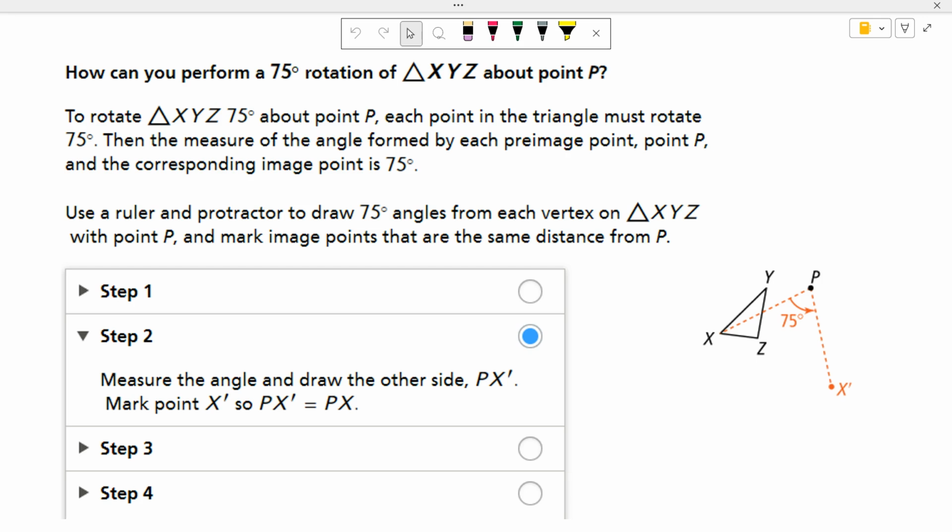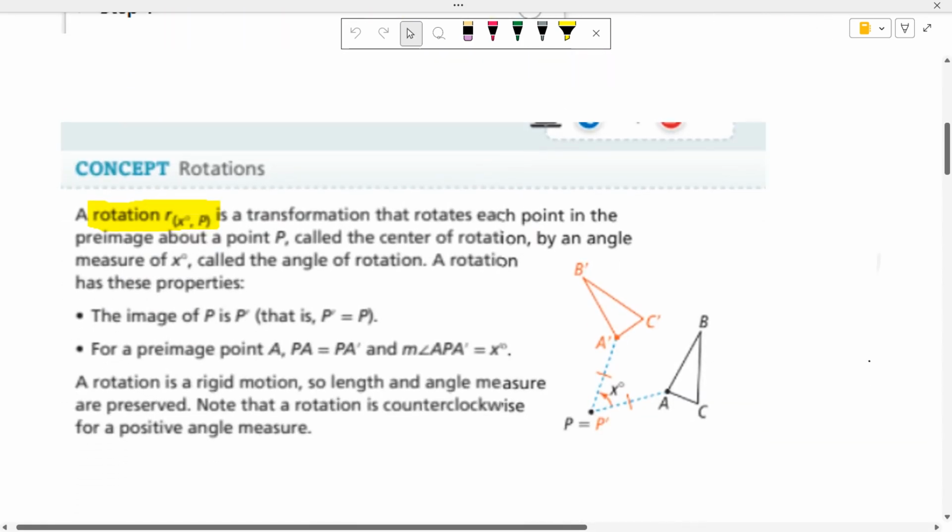Hopefully all of you do. You learned that. But clockwise, the clock hands go around like this. This is clockwise. So counterclockwise is this. So if we rotate this direction, it's negative. If we rotate this direction, it's positive. So you need to know the positive from the negative.